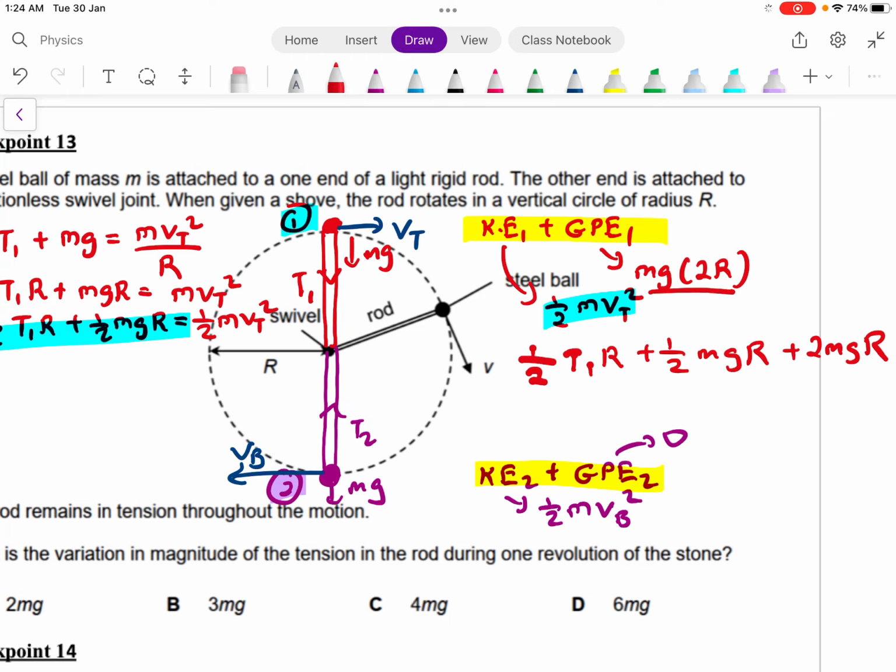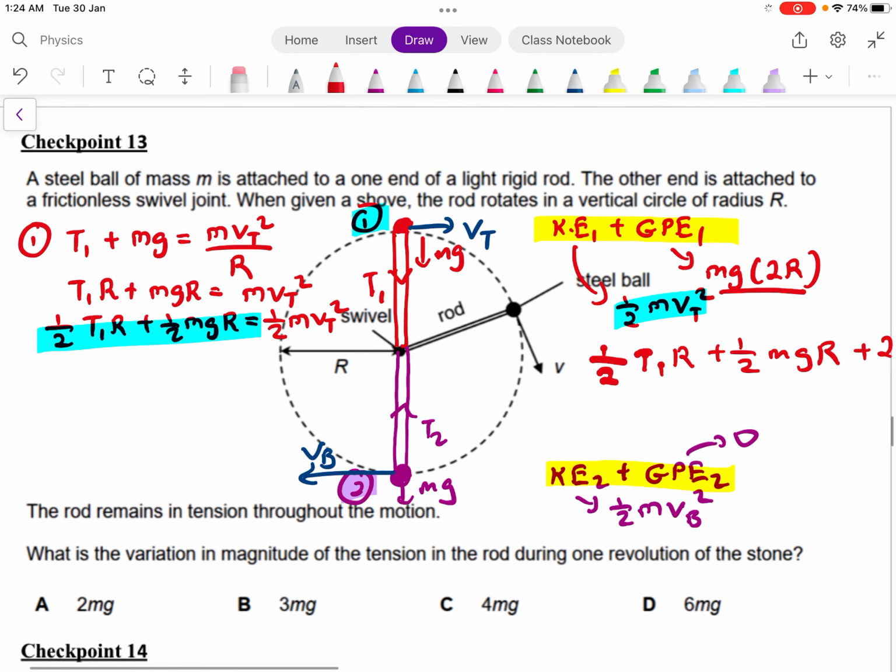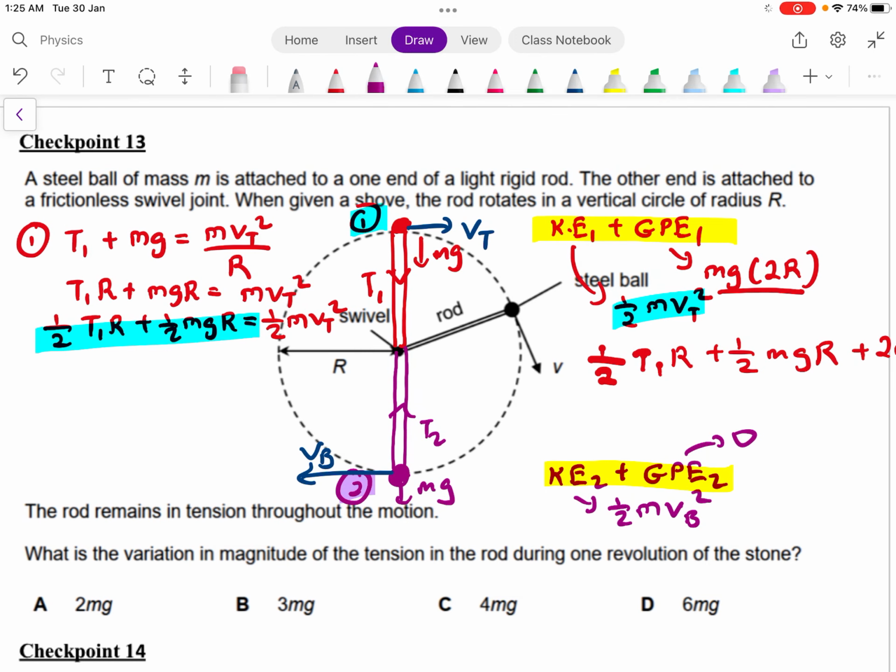Let's take a look at the total energy at the bottom. Let's deal with the kinetic energy first, using the centripetal force. It is equal to T2, because they will have different tension at the top and at the bottom. At the bottom, the tension T2 will definitely be larger than T1. So T2 minus mg is equal to m v bottom square over r.